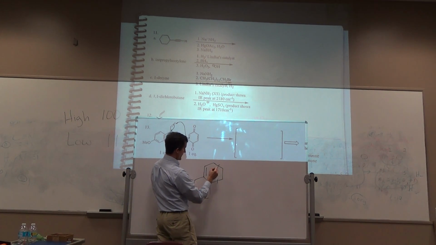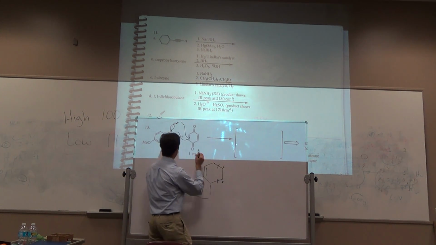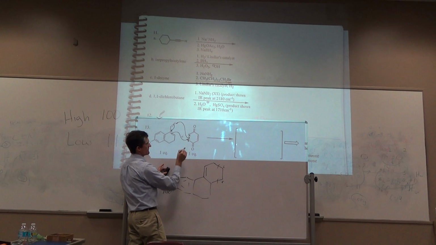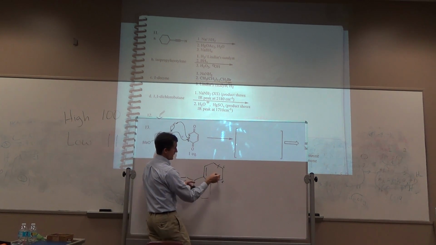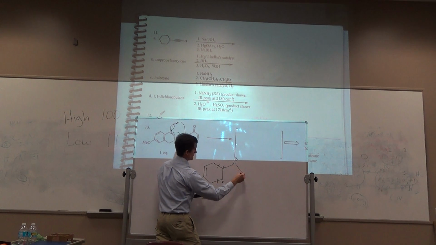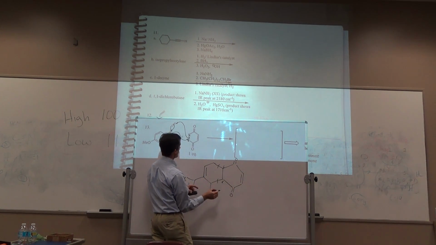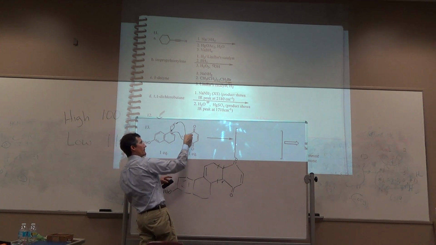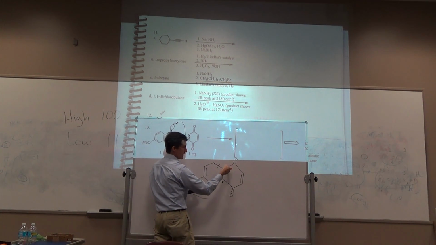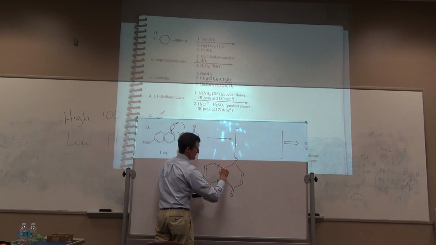Then that's 1, 2, 3, 4, 5, and 6. Now 6 has this. These are cis. How do we want to draw these? Back, forward. Either way, but the same, because now these are tetrahedral.